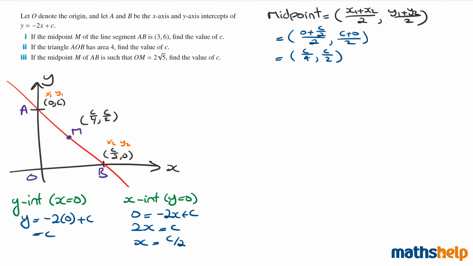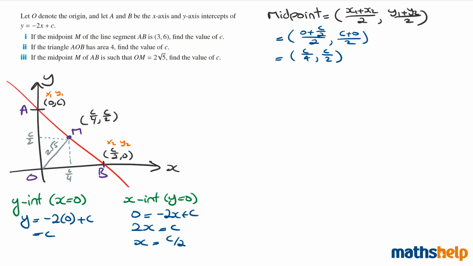The length of OM is 2 root 5. So this is 2 root 5. And now that we have the coordinates of M, we know that this is going to be c on 4 and the height is going to be c on 2.